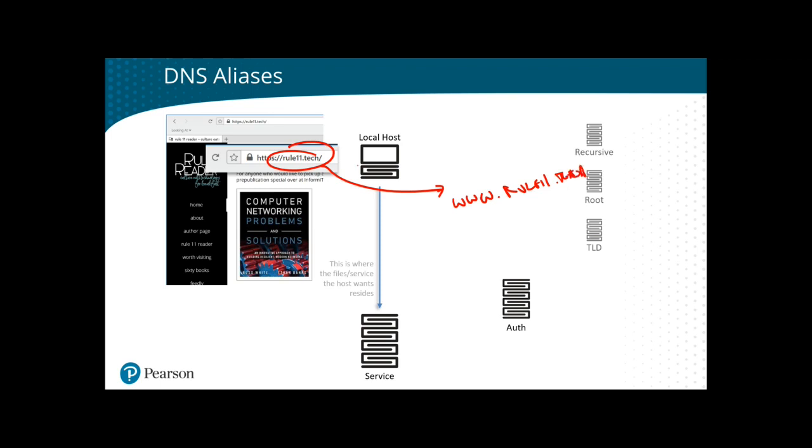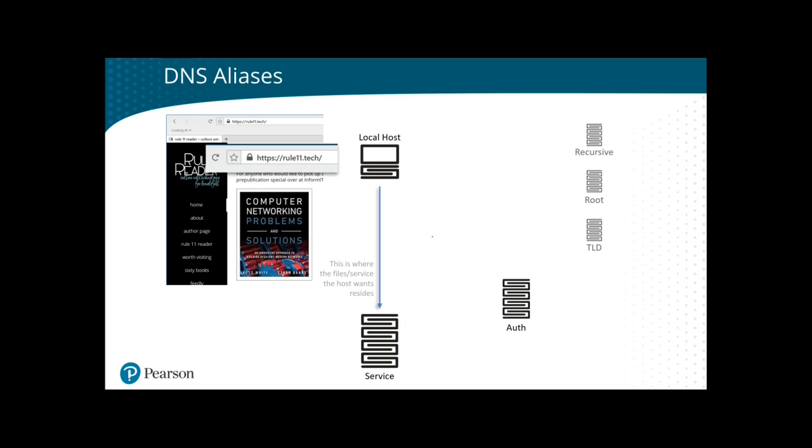So when you do a query for rule11.tech, the recursive is going to get a CNAME back and say, ask for www. When you get www, it's going to go straight back to the auth server, which is going to give it the correct IP address. So you will often find that CNAMEs are used to carry services directly to a server rather than to a particular different server or something like that.